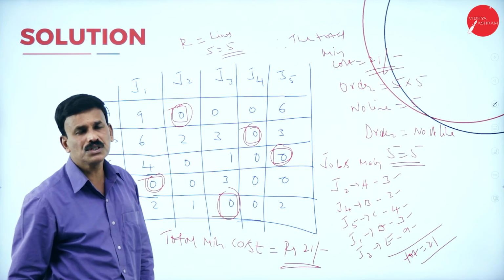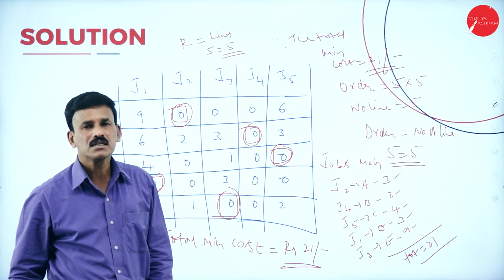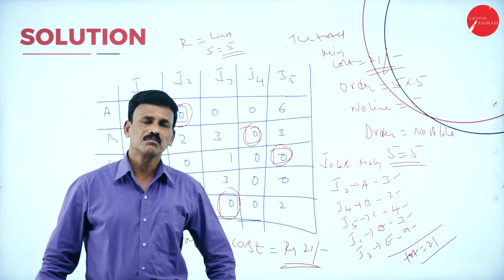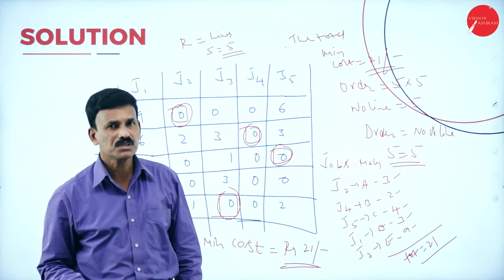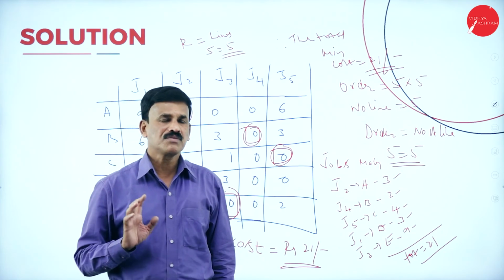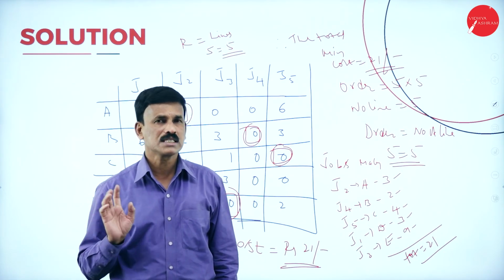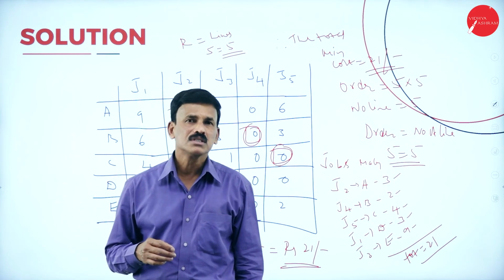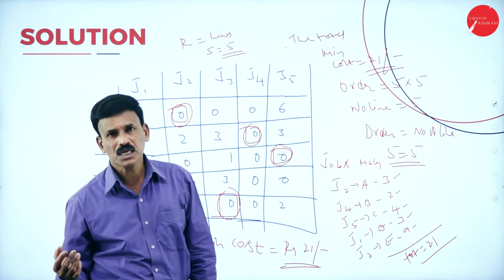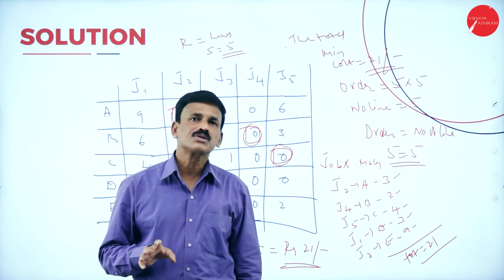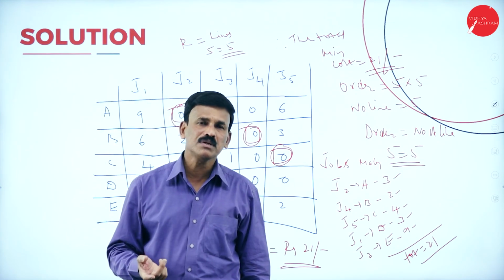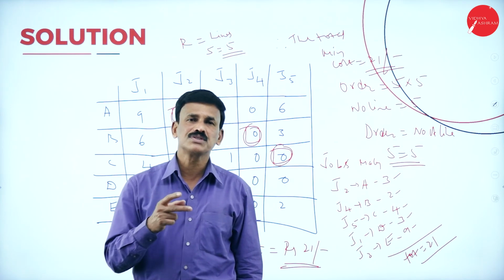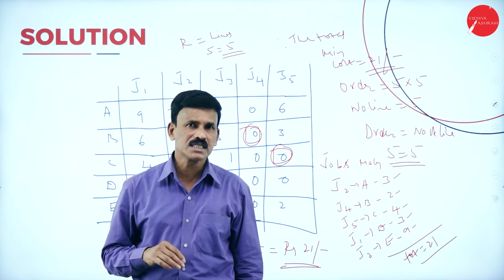This is how we are going to solve an assignment problem using the Hungarian method. Very simple, but the steps are more. Just check whether it is balanced or unbalanced. If it is a balanced problem, you can straight away go to row minimization, then column minimization, then row scanning, column scanning, identify the number of zeros and go on cancelling.